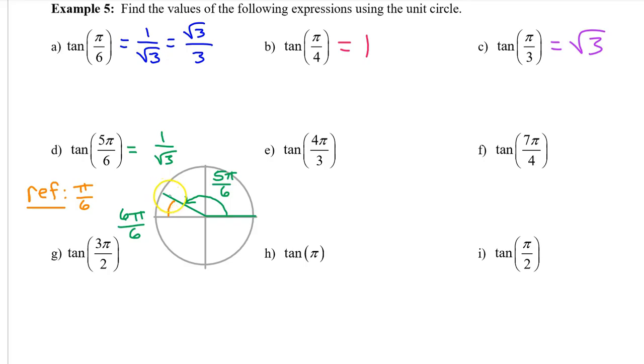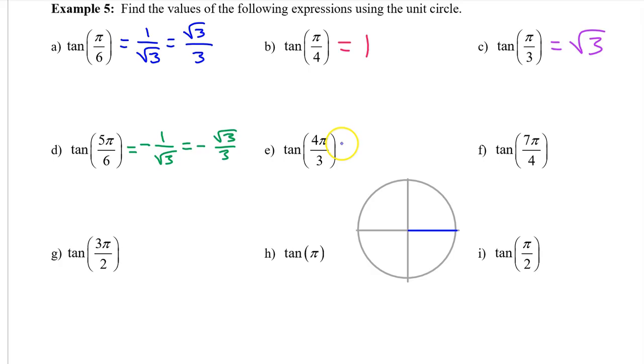See how it's going downhill? And tangent is the same thing as the slope of the terminal side. So since the slope is negative, tangent will be negative in the second quadrant. So the answer is negative 1 over radical 3, or you could say negative radical 3 over 3.